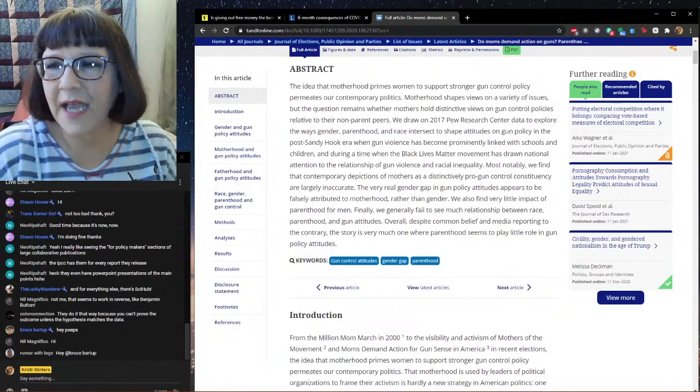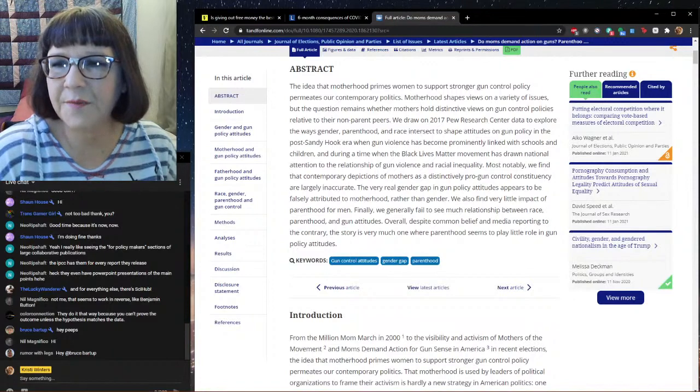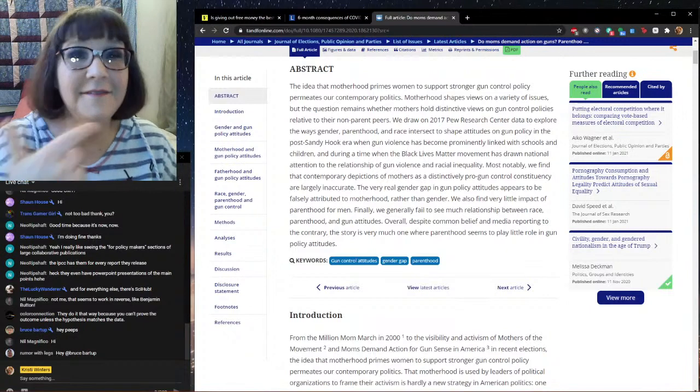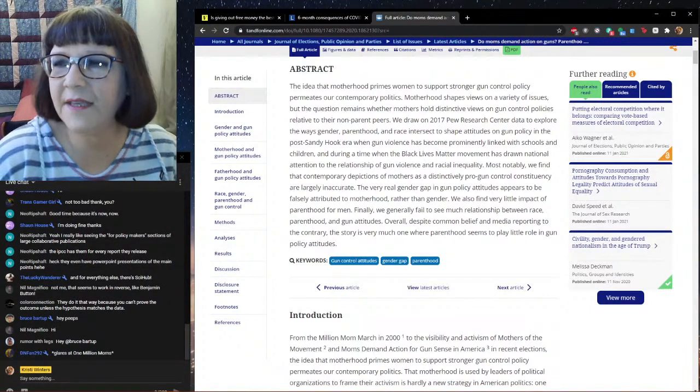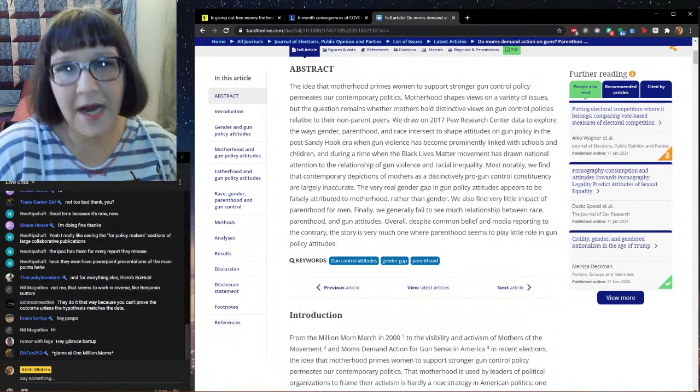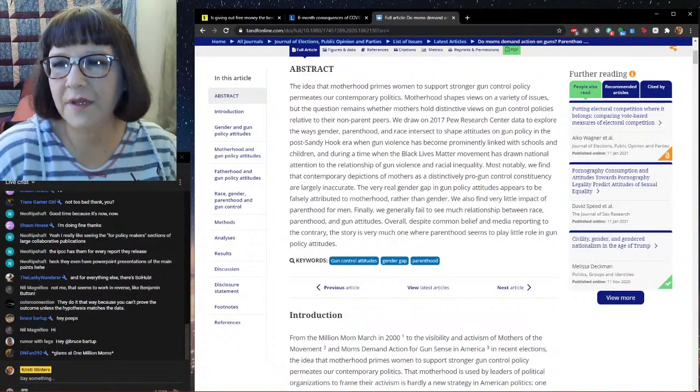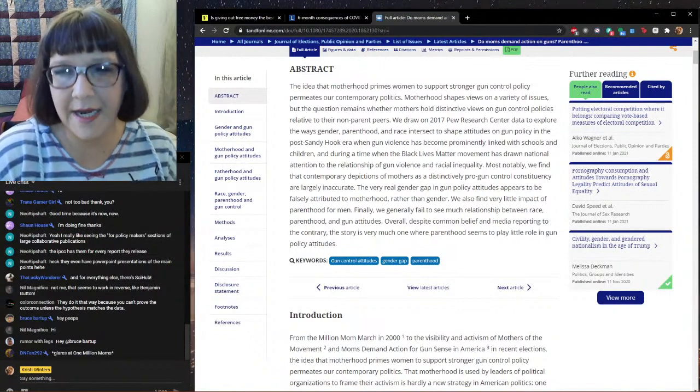"The very real gender gap in gun policy attitudes appears to be falsely attributed to motherhood rather than gender." I studied this; it is not news to me, but this will be news to some people. "We also find very little impact of parenthood for men. Finally, we generally fail to see much of a relationship between race, parenthood, and gun attitudes.